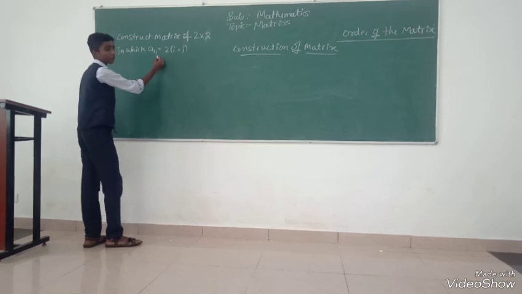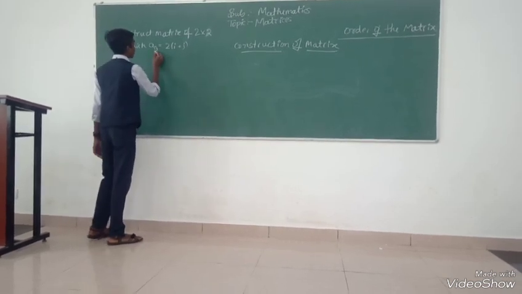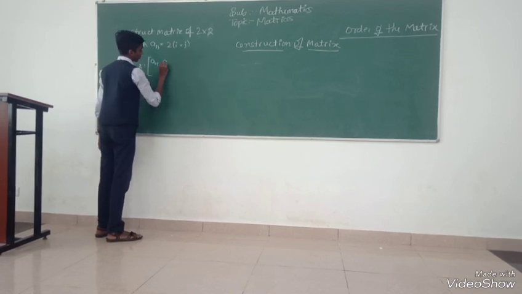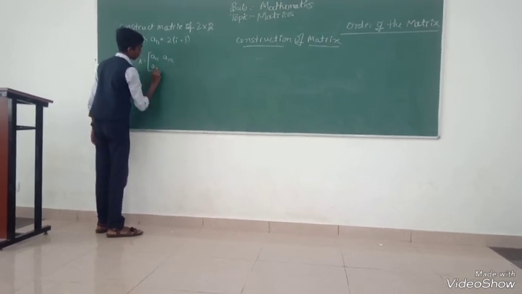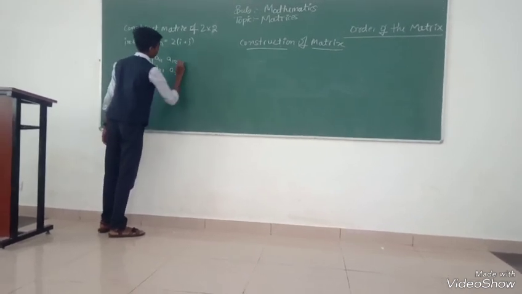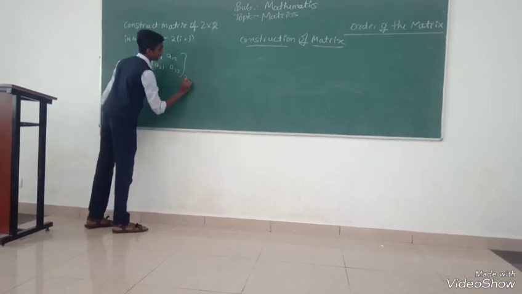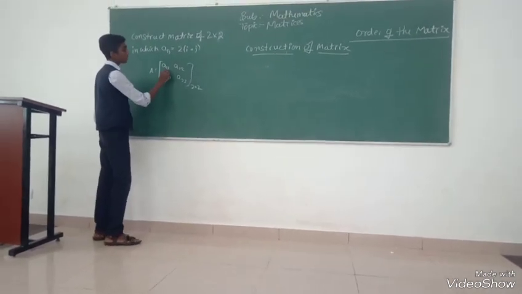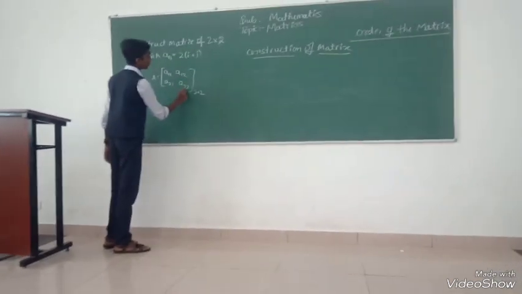They are given a term. In a 2 into 2 matrix, there are 4 elements present: a11, a12, a21, a22.